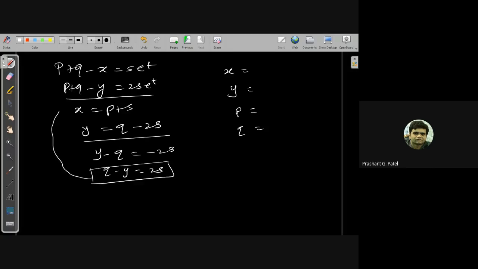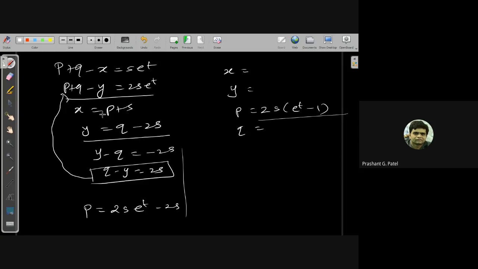If I use this one here, that is q − y is 2s, we'll have the value of p. We'll get p equal to 2s e^t minus q − y, which I can put as 2s. So it is 2s e^t − 2s. We'll take 2s common, so it is 2s (e^t − 1). So we get this value.